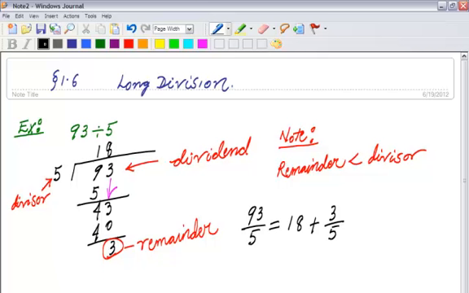In short, we write this as 18 and 3/5. Now 18 here is called the quotient.